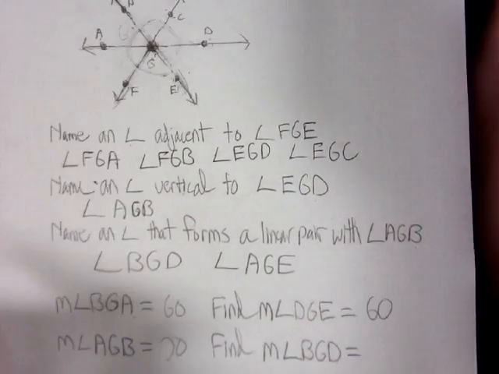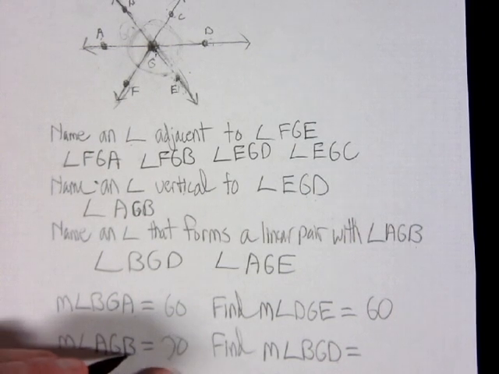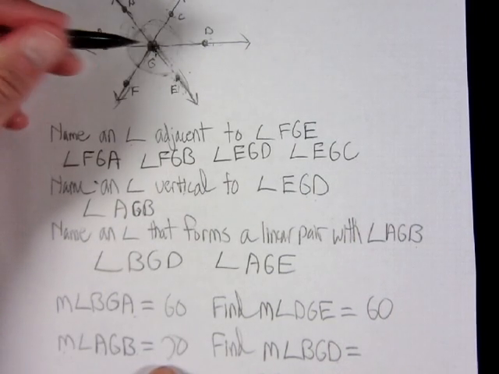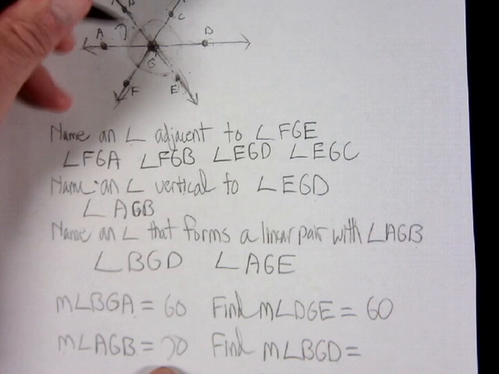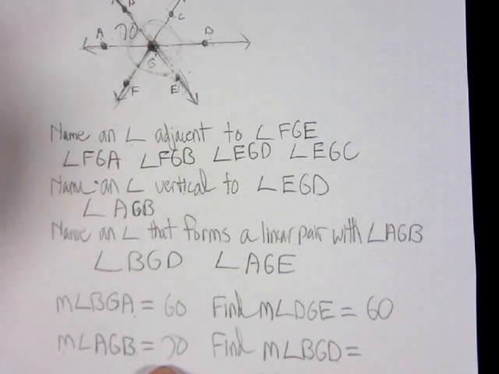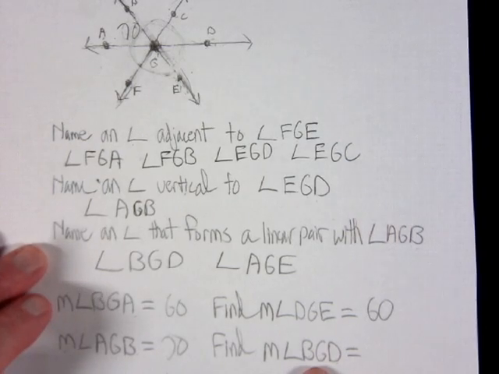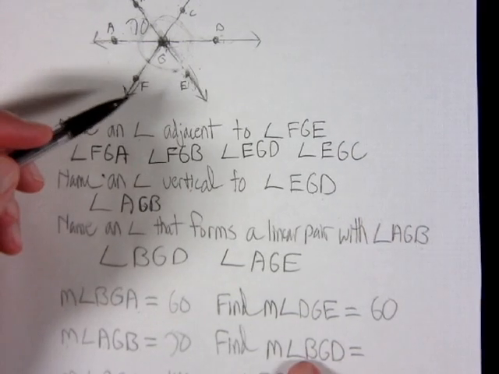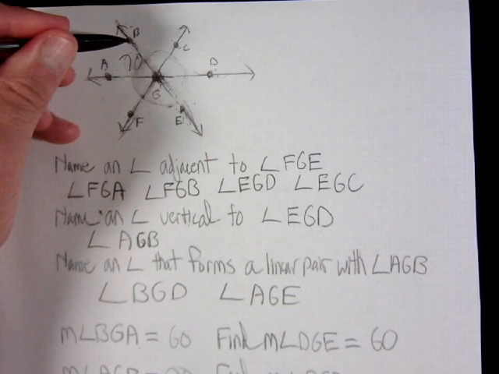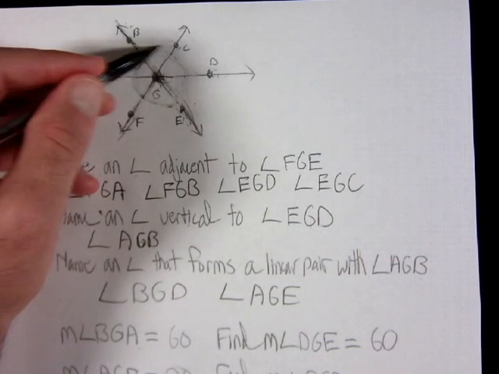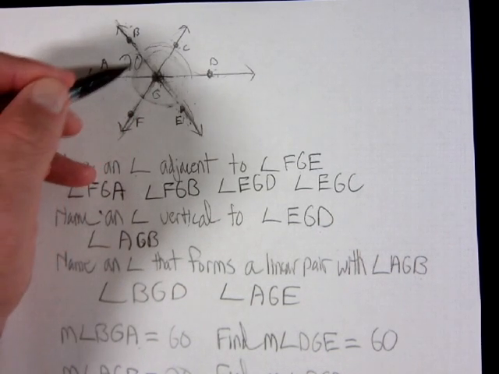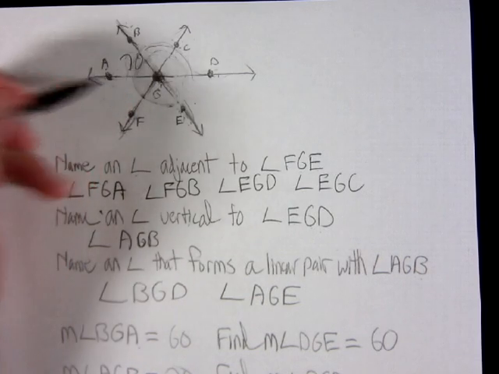The measure of AGB is 70. That's actually the same angle as what we just looked at, but this time we're saying it's 70 degrees. Now, what are we asked to find? We're asked to find the measure of angle BGD. BGD is from here to here. One thing that you should notice about these two is they form a linear pair.